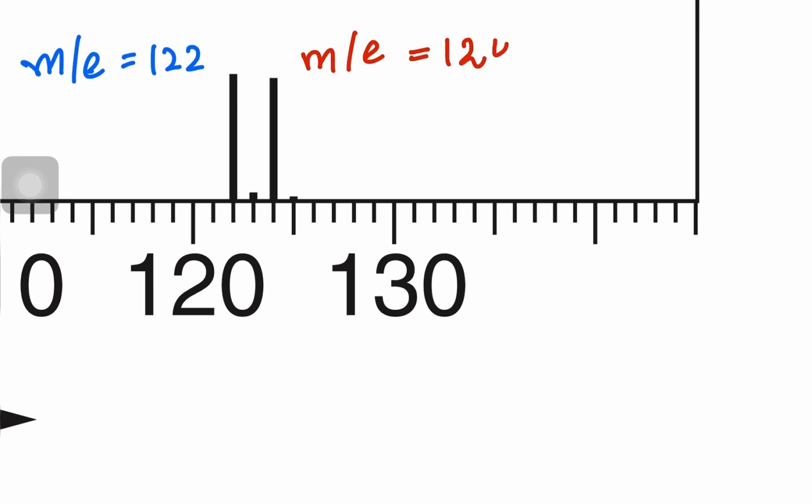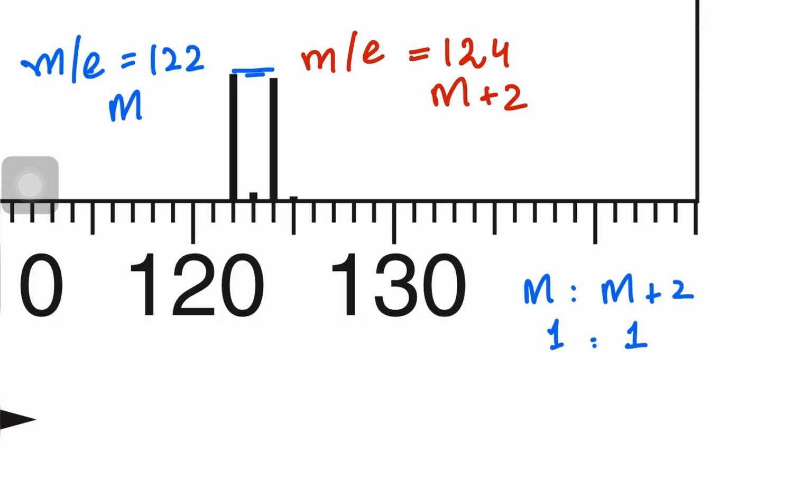Why do we have an M peak and an M+2 peak? That's obviously because of a halogen atom. What kind of relative abundance is there? Is it 1:1 or 3:1? It's definitely 1:1, and that is why we know that it is bromine, because in bromine the masses 79 and 81 have a relative abundance of 1:1. The smaller peaks that you see followed by the bigger peaks are because of carbon 13.